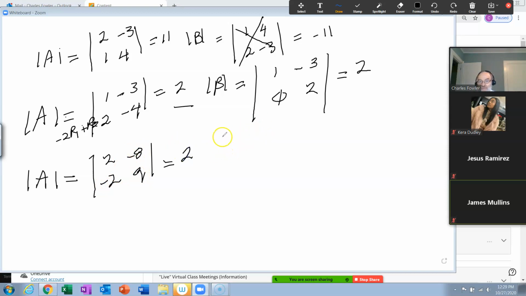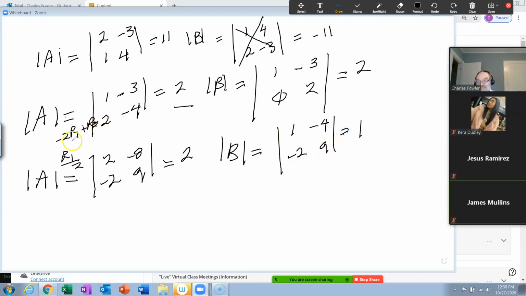Okay, now what we're going to do to B here is another elementary row operation. We're going to divide row 1 by 2 to get the new row 1. Okay, so what does that become? 1, minus 4, negative 2, 9. Let's do that determinant. What do we get? 9 minus 8 is 1.